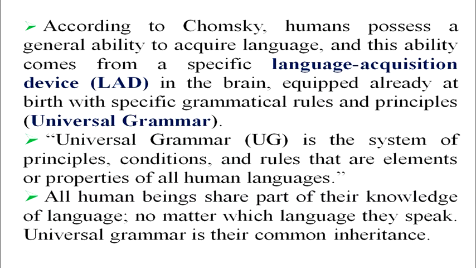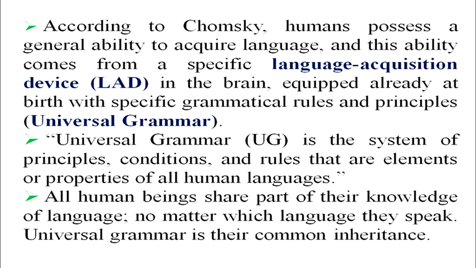And he also said that there is a system in the brain which is called universal grammar. That means we have a system of principles, conditions and rules that are elements or properties of all human languages. So, all human beings share part of their knowledge of language no matter which language they speak. So, universal grammar is their common inheritance.